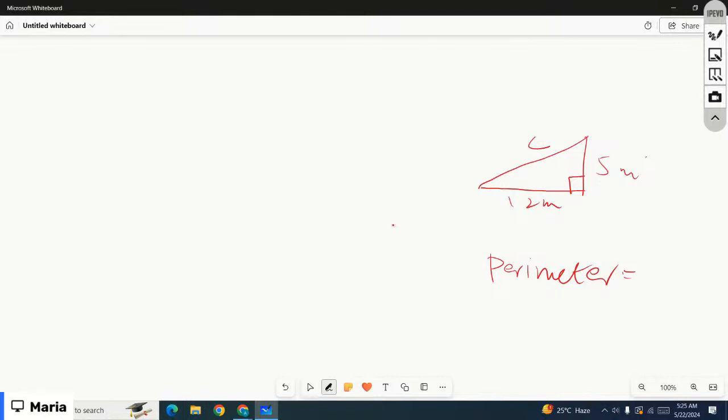So first we have to calculate C, that is C square equals A square plus B square, that is 12 square plus 5 square. 169 it is. So C equals 13.